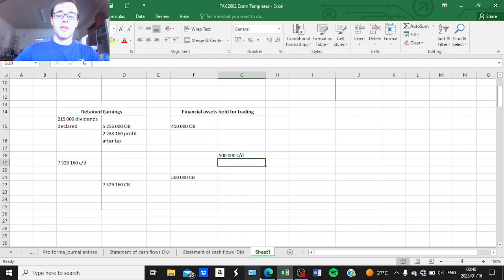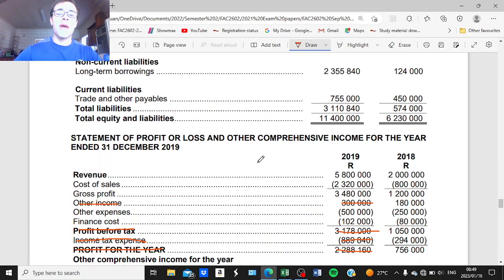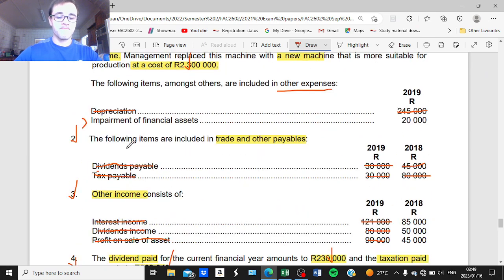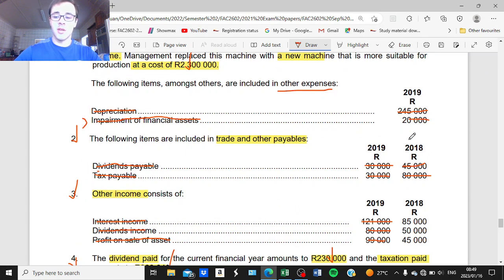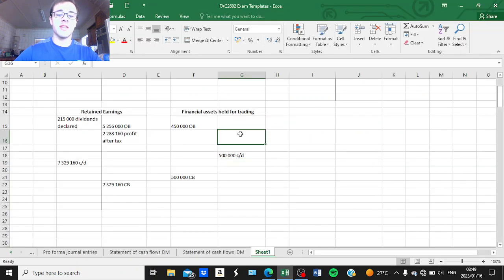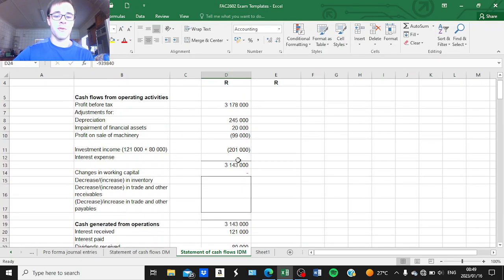Okay, then we need to consider the impairment on financial assets that was given in additional information point 1. The 20,000 would have caused a decrease in the value of financial assets at fair value through profit or loss. Right, we have already adjusted this amount against the profit before tax.